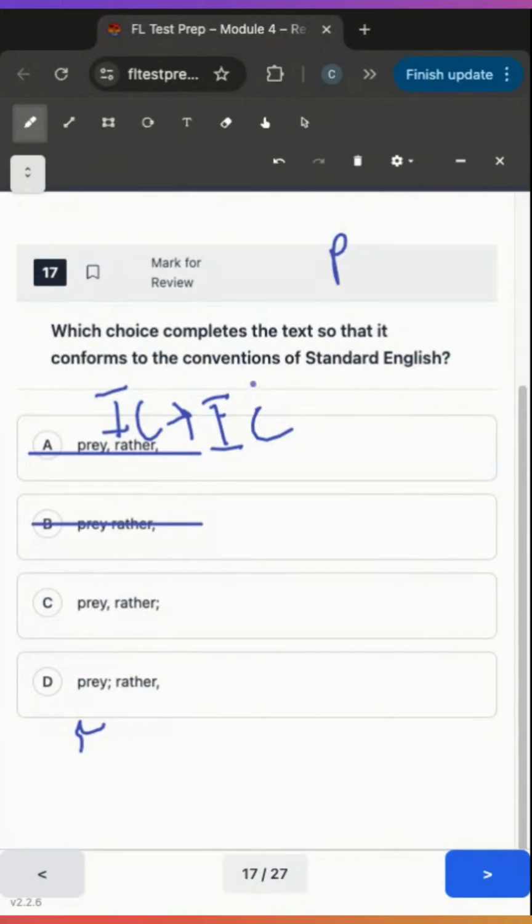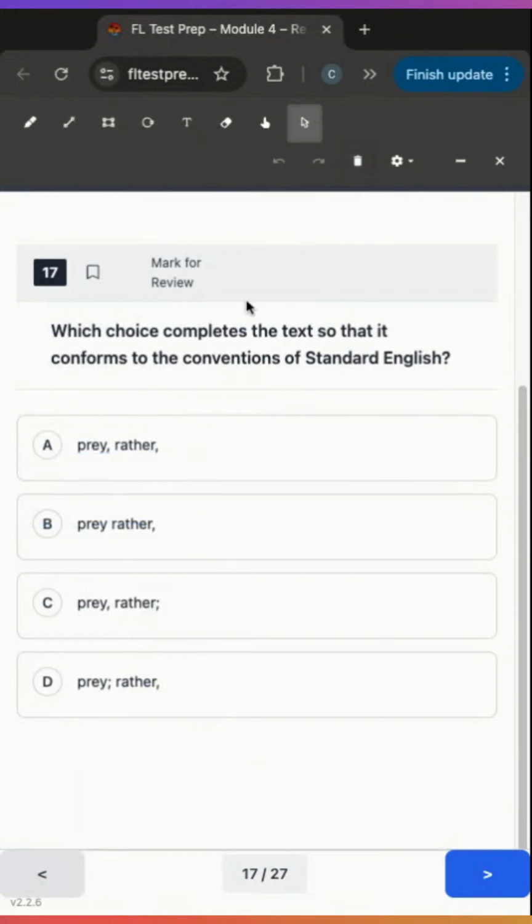And so what I need to do is say, well, which side does the rather go on? Does it go with the first clause or the second clause? Well, it depends on whether the disagreeing transition goes with the sentence that disagrees with the sentence directly before it. If it was going with C, it would be a part of the first clause because it's before the semicolon.